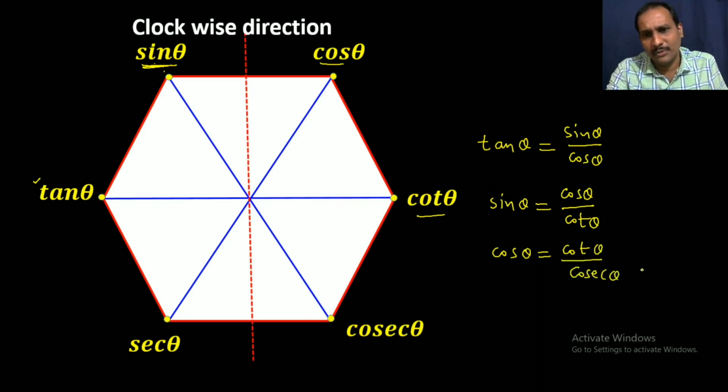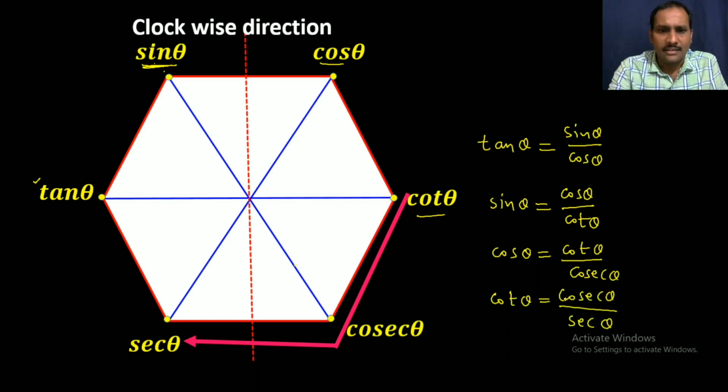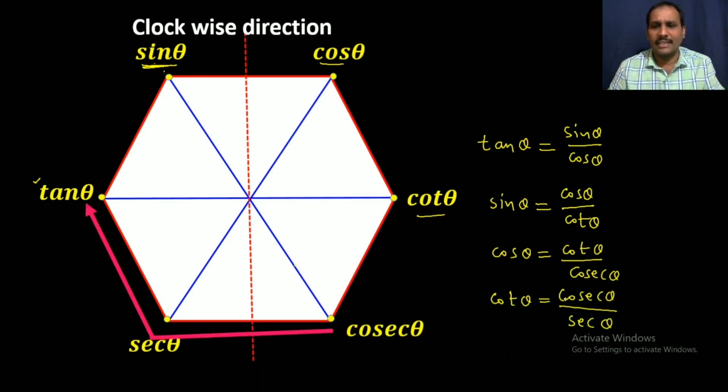Next, start with cot. Cot theta is equal to cosecant theta by secant theta. Next, start with cosecant theta. Cosecant theta is equal to secant theta by tan theta.